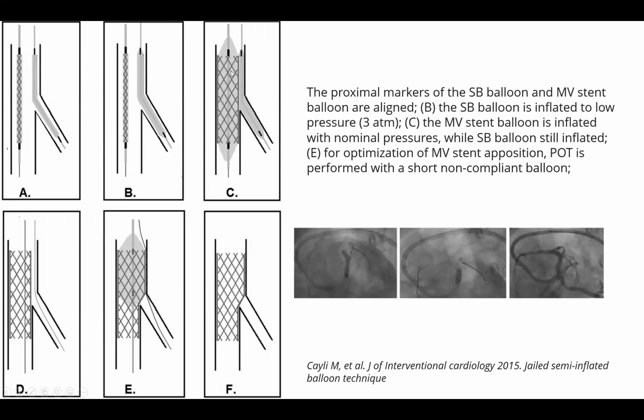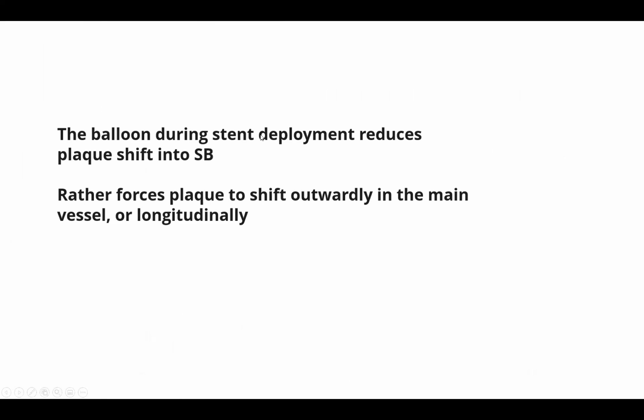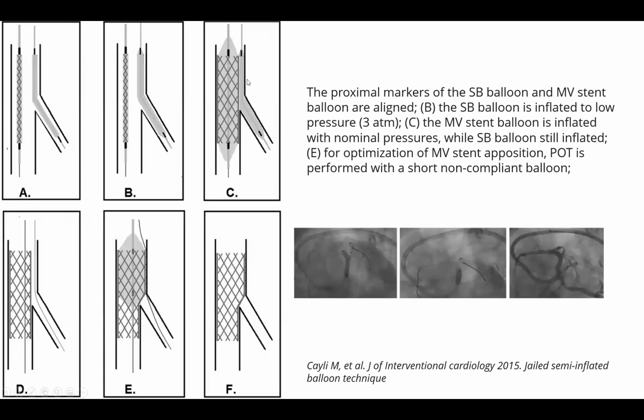It will basically push the plaque axially, and it will also push the plaque outwardly into the outer vessel. So rather than that plaque being shifted into the side branch, the plaque will be shifted into the outer main vessel, or axially outside the stent.